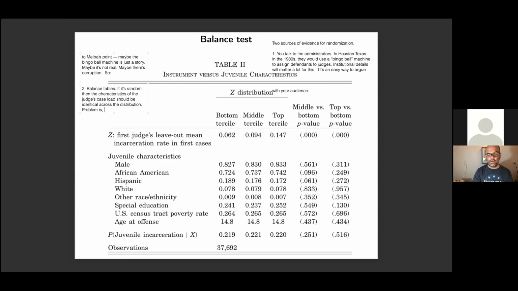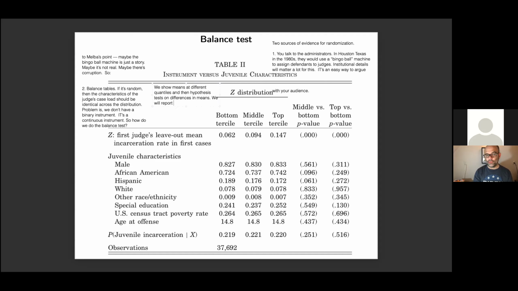Problem is, we don't have a binary instrument. It's a continuous instrument. So how do we do the balance test? We show means at different quantiles and then hypothesis tests on differences in means.